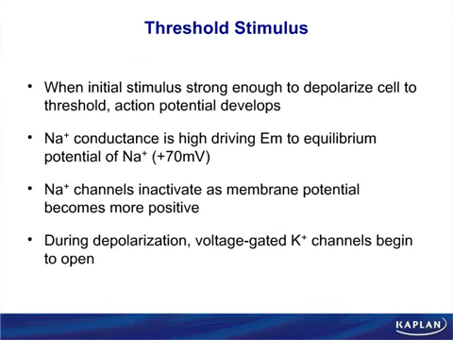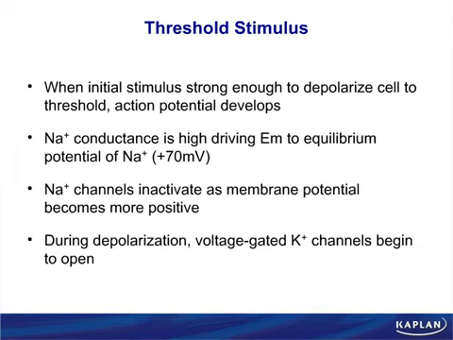As we showed on that previous slide with the figure, a threshold stimulus means that the initial stimulus is strong enough to depolarize the cell to threshold, and as a result, we get an action potential. This action potential means that we open a critical mass of fast sodium channels. That's what threshold represents.